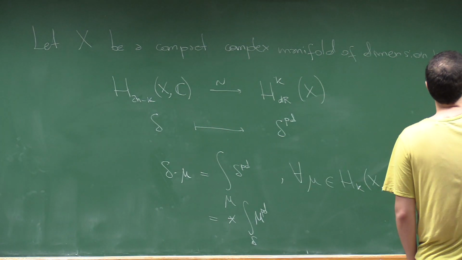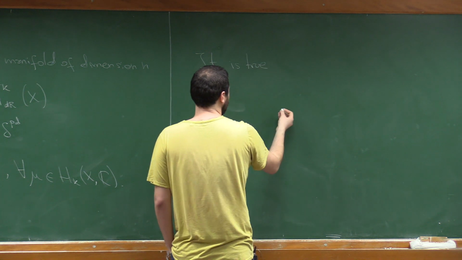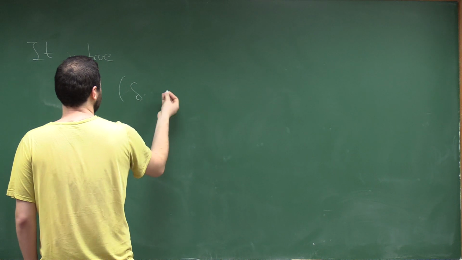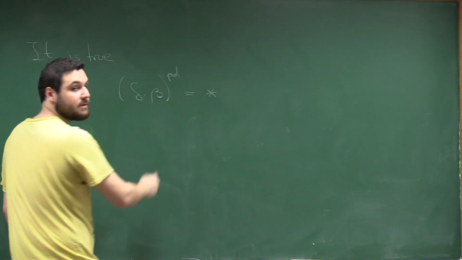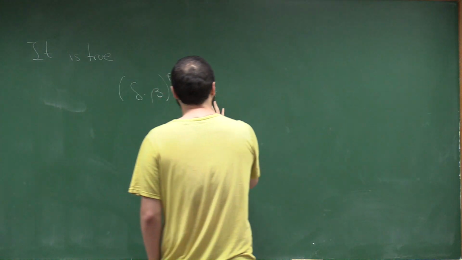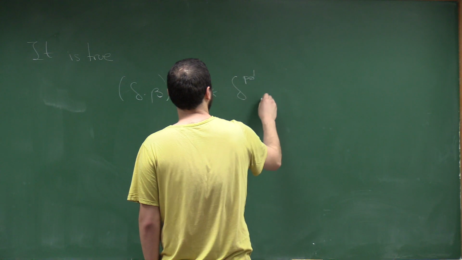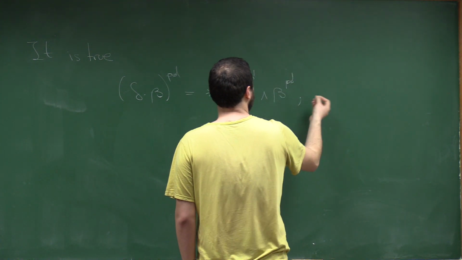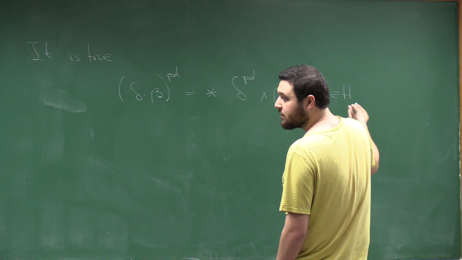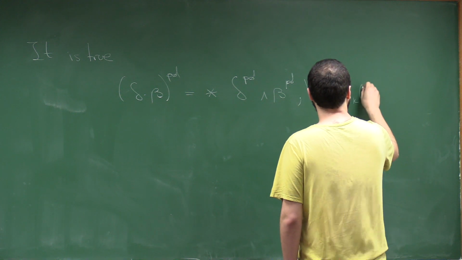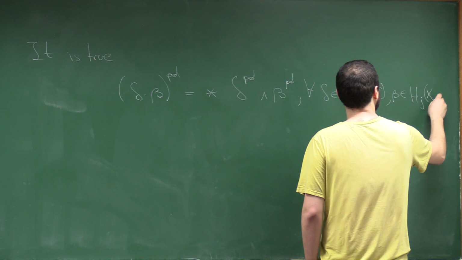So it can be shown that delta times beta PD is equal to a constant, maybe 1, maybe something depending only on k and on X, times delta PD wedge beta PD, for every delta in H_k of X with complex coefficients and every beta in the homology of X with complex coefficients.